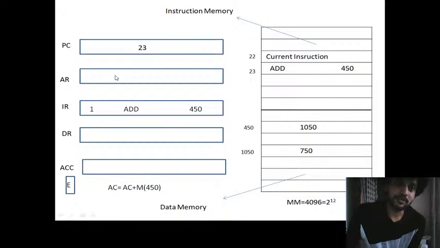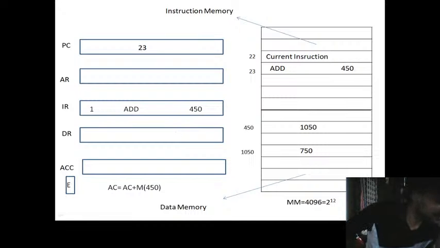The address register can hold an instruction's address or an operand's address. If it is an instruction's address, then the content will get transferred to the instruction register. If it is an operand address, then the contents will get transferred to the data register. Did you understand? You got me?